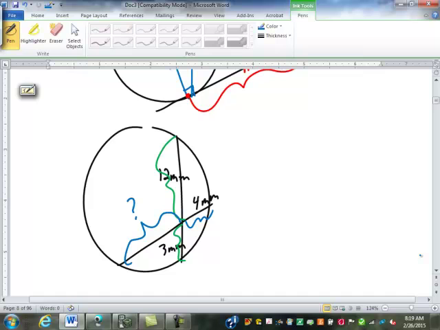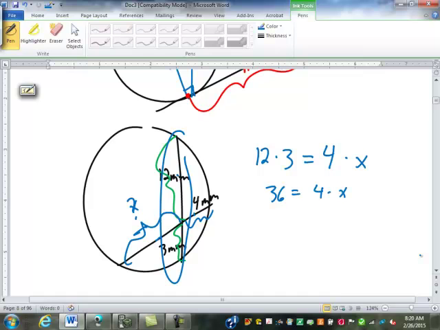I can find this other piece because, as we went over briefly last semester when we talked about arcs, the product of the two pieces has to be the same for both chords. So 12 times 3, the two pieces in this chord, has to equal 4 times whatever this piece is. That's going to come out to be what? 9, yes. 12 times 3 is 36. Divide by 4, x equals 9.